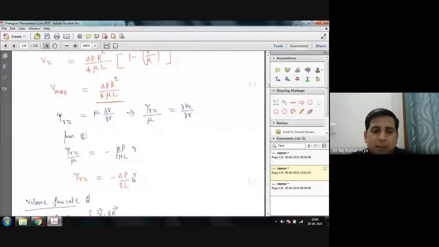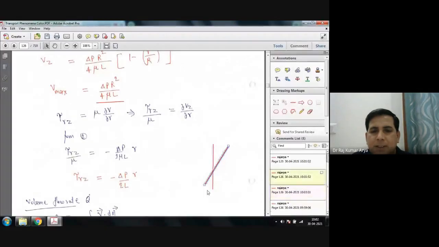So shear stress profile is linear. Linear means it will look something like that. If you are plotting with respect to r, and this is your r coordinate, your shear stress would look like this. This would be your center, where it comes 0. Let's say you are going on the top side, at the top surface, you are putting R capital there.